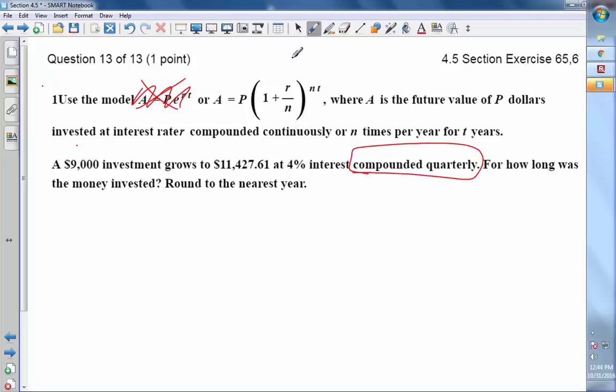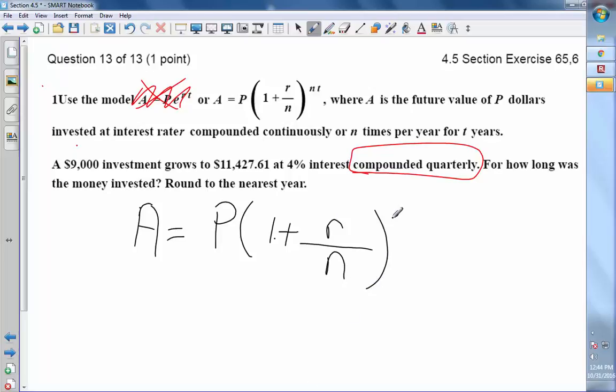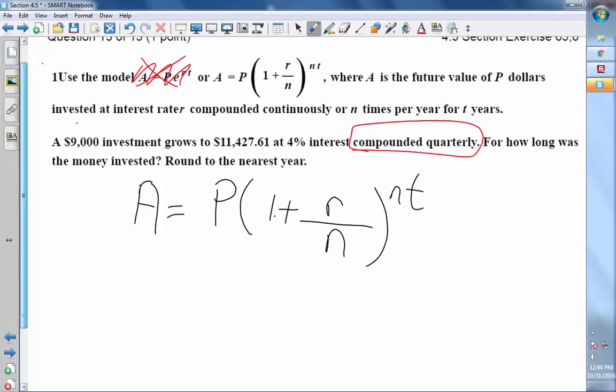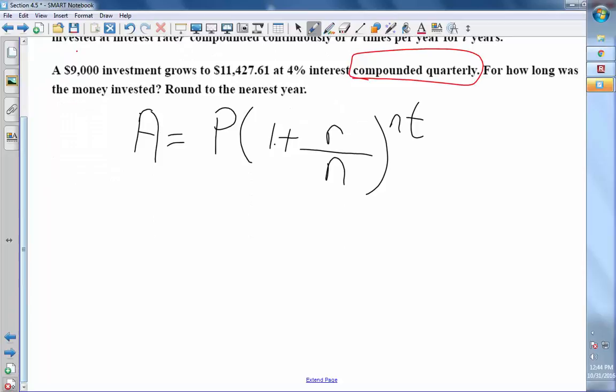So why don't we start with putting down this formula here. It's amount after T years equal to initial amount times 1 plus rate offered over how many times you're getting interest in a year, n, raised to n times how long you wait, T, okay? So let's substitute the given quantities.